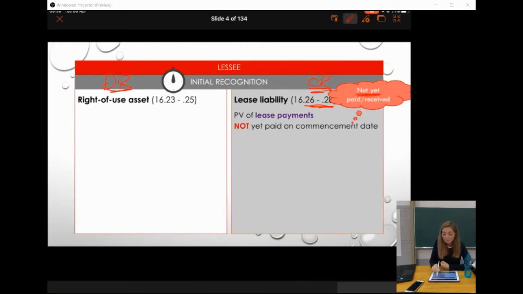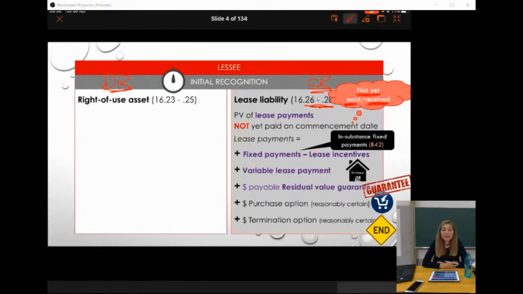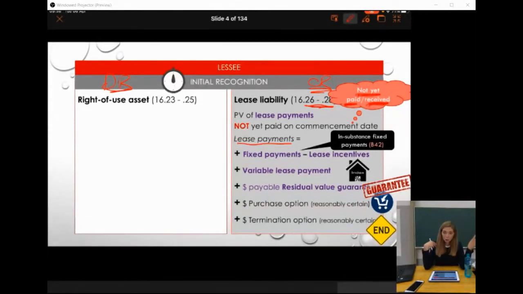Everything that has not yet been paid, and if there are any lease incentives, then also the amounts that have not yet been received. So if we look at what lease payments are, the standard tells us that there's a difference between the lease payments for lessee and lessor.